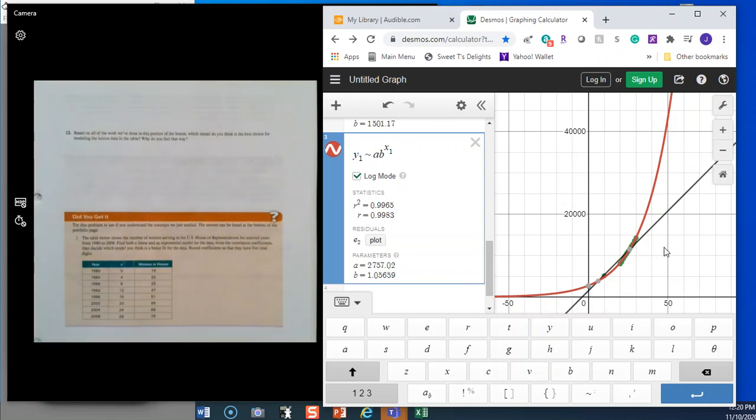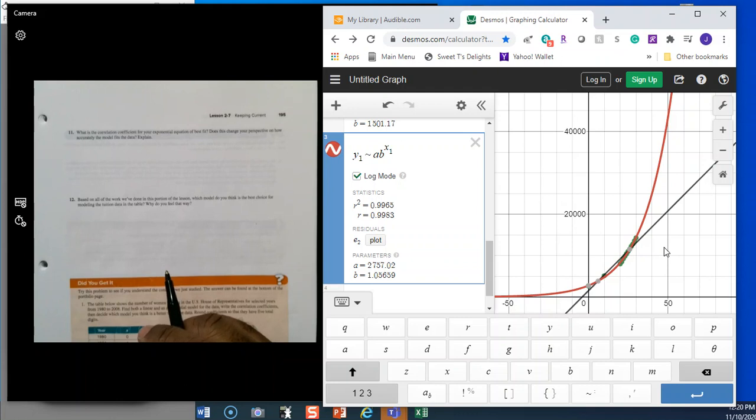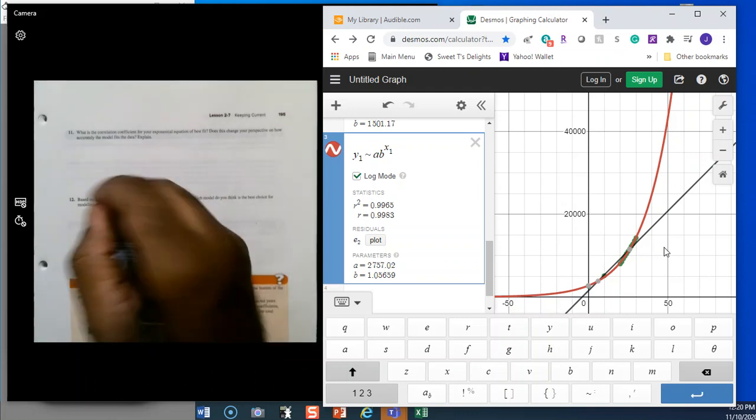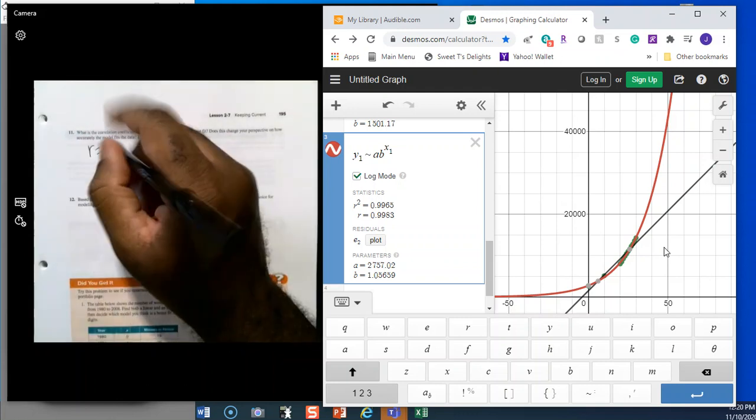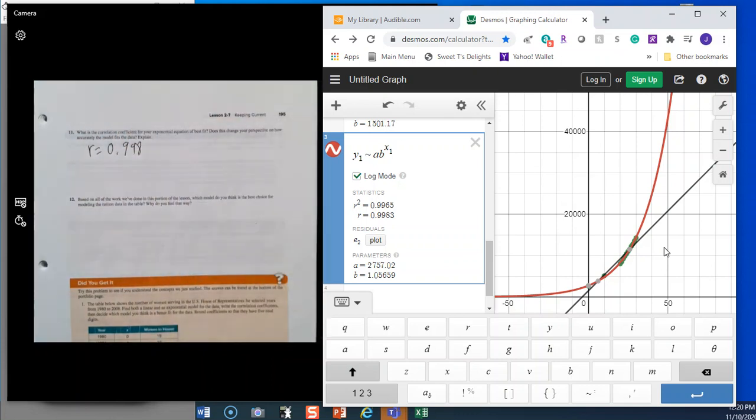Now, we move on here to the next page. And this is actually our last page. It says, what is the correlation coefficient for your exponential equation of best fit? If we look here, wow, it looks as though instead of doing 2 decimal places, we have to do 3. Because if we did 2, that would take us to 1. So it'd be 0.998.